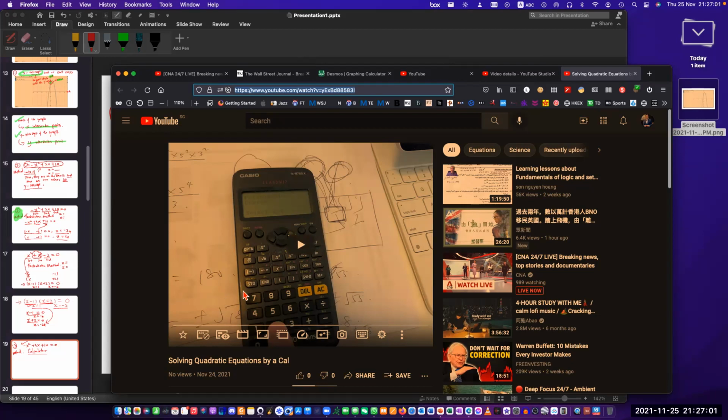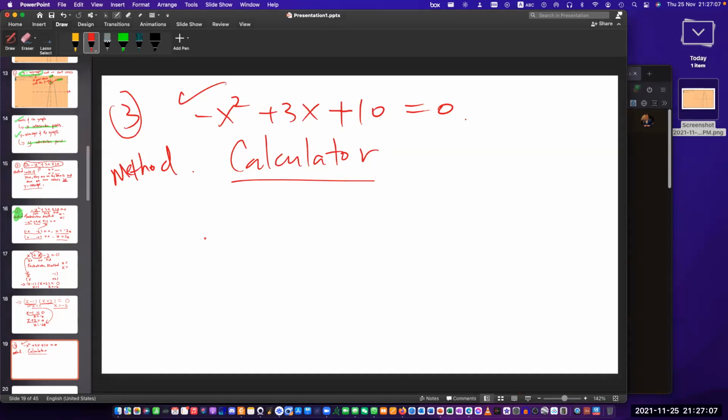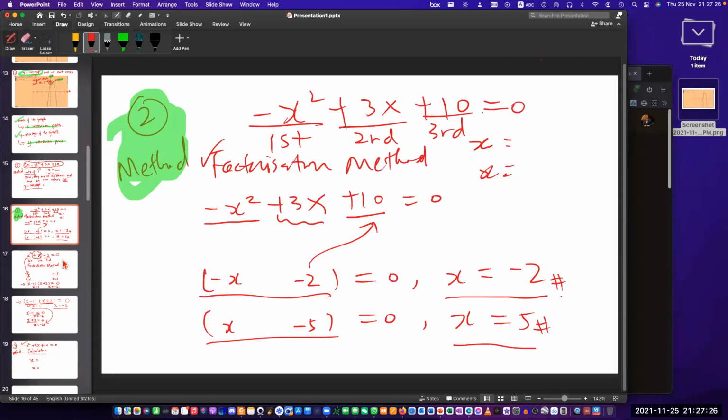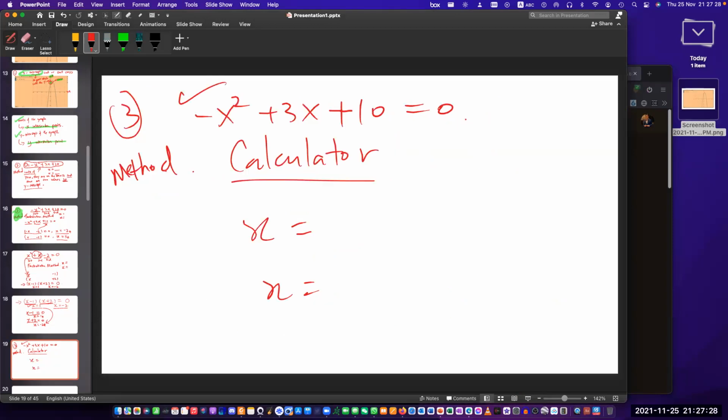I think it's less than 2 minutes, then you will know how to use your calculator. So method 3 is the calculator, and it is a very fast way for you to find the 2 answers, which I'm not going to show here because I already have it recorded. So that's how you can find your roots, with method 2 and method 3.